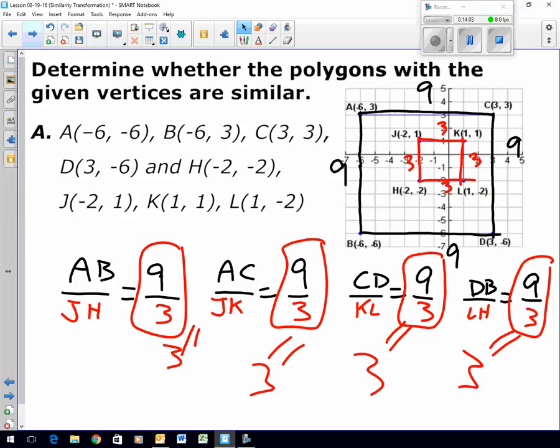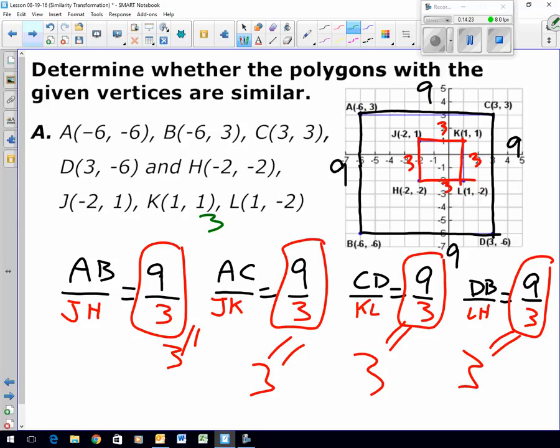Three. Ethan, good job. If I multiplied each of those coordinates by 3, I would get the outer coordinates.